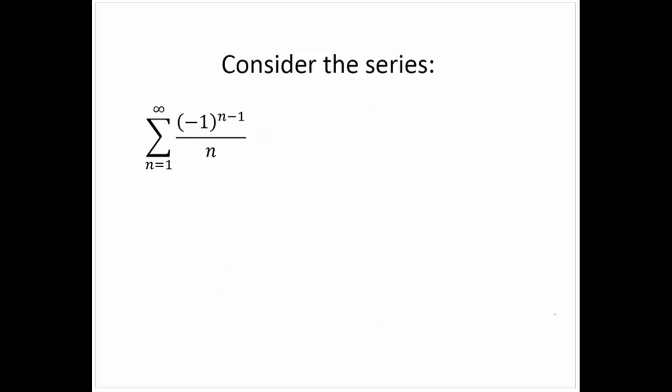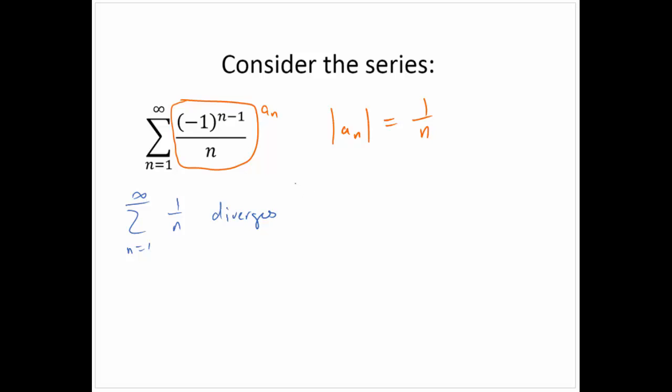All right, let's consider our old friend here, sigma n equals 1 to infinity of negative 1 to the n minus 1 over n. Recall that this is our a sub n, and so absolute a sub n would just be 1 over n. And we know that sigma n equals 1 to infinity of 1 over n diverges. That's the harmonic series.